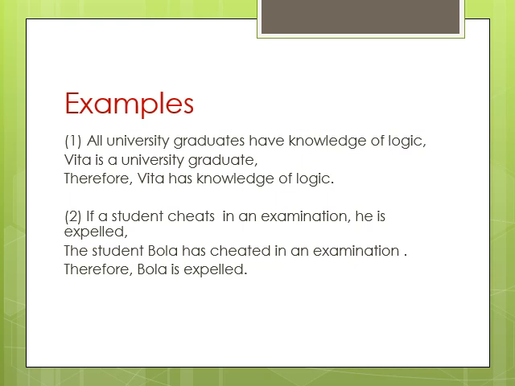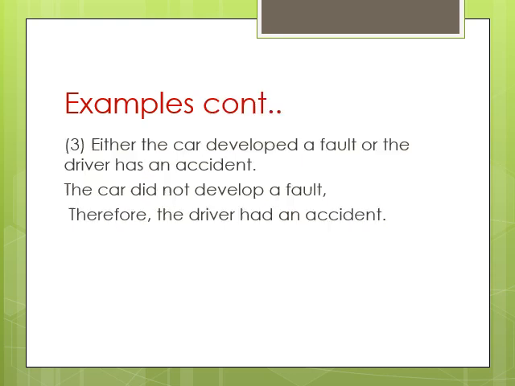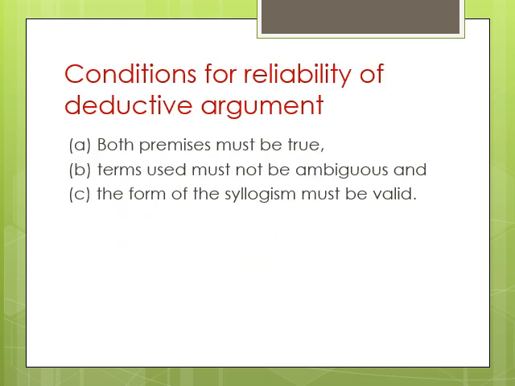Generally, for a syllogism to be reliable, we must subject it to the following tests or conditions. Both premises must be true, terms used must not be ambiguous, and the form of the syllogism must be valid.